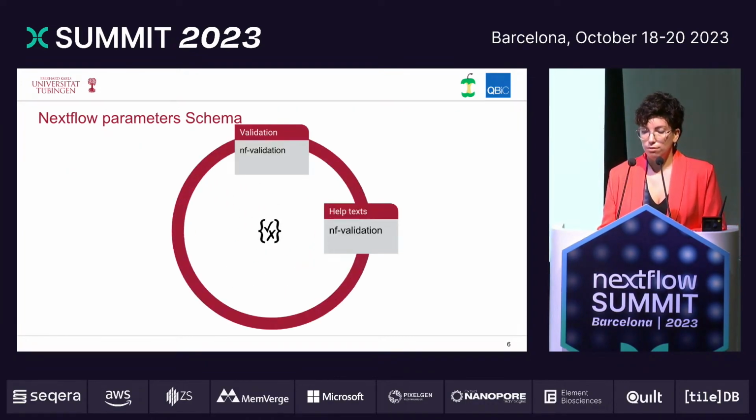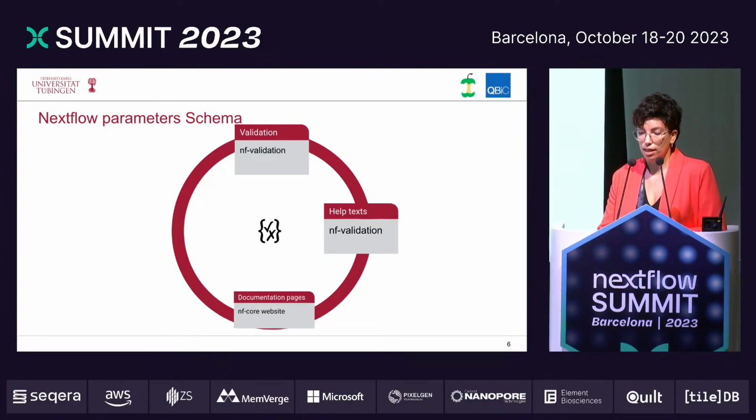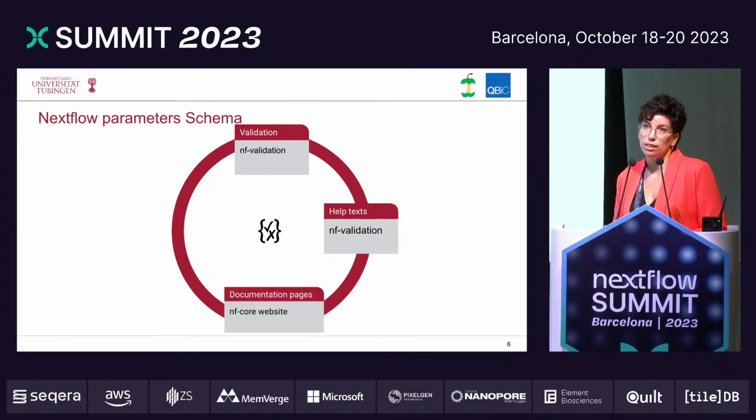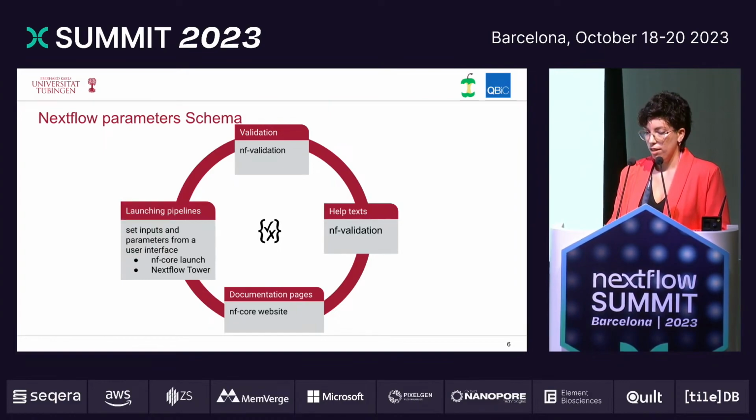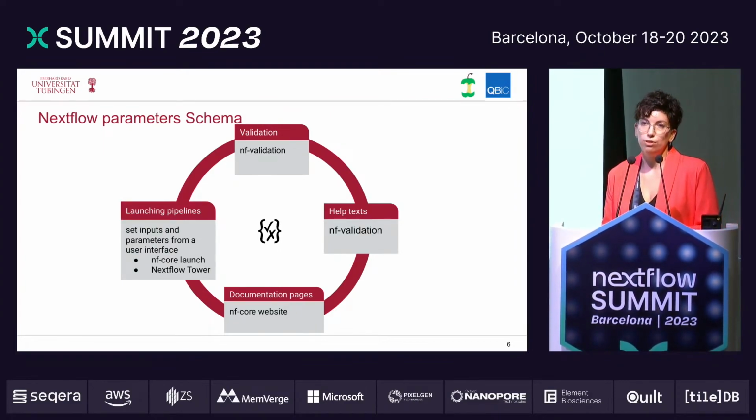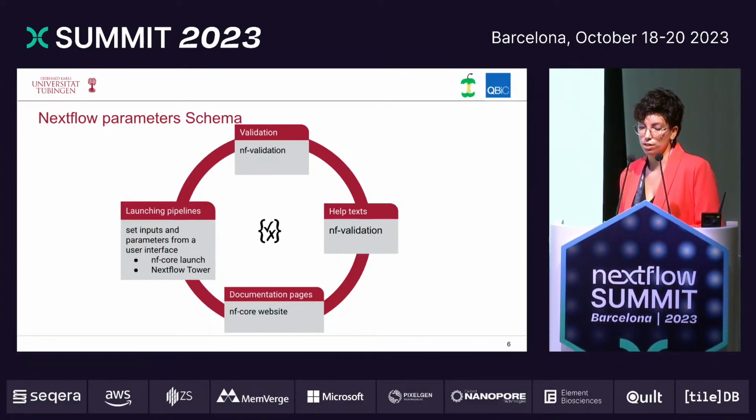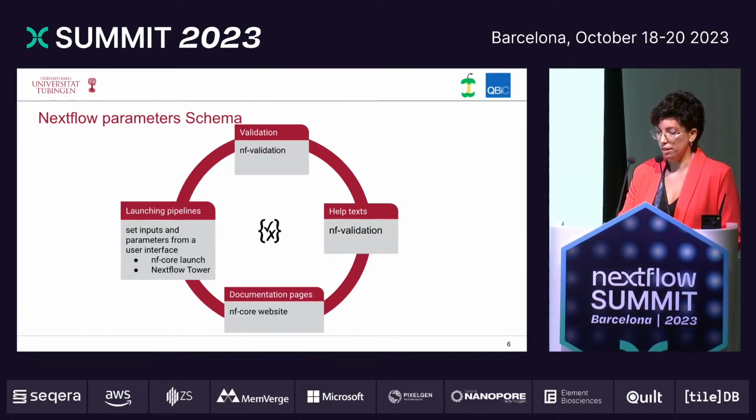So as we have seen with this parameter schema, we can validate our parameters, generate help text and logs, but on top of that, it can also be used to generate documentation. For example, that's what we use on the nf-core website. For every pipeline, we have a page describing all the parameters. And it's also useful for launching pipelines, helping the users provide their parameters through a user interface.